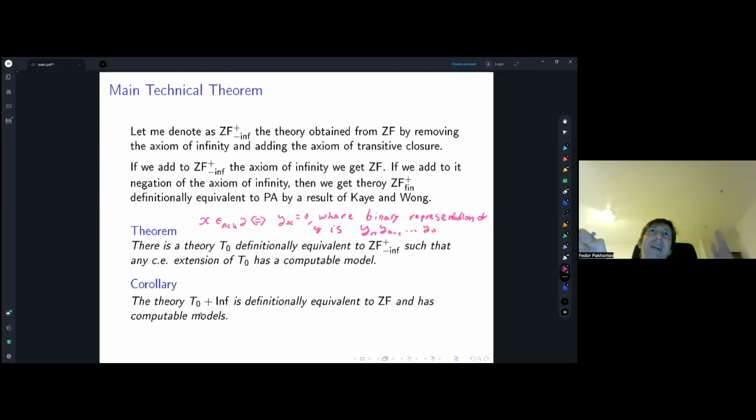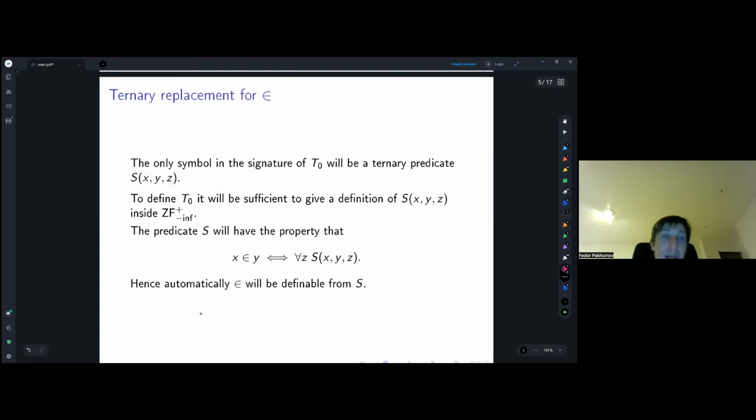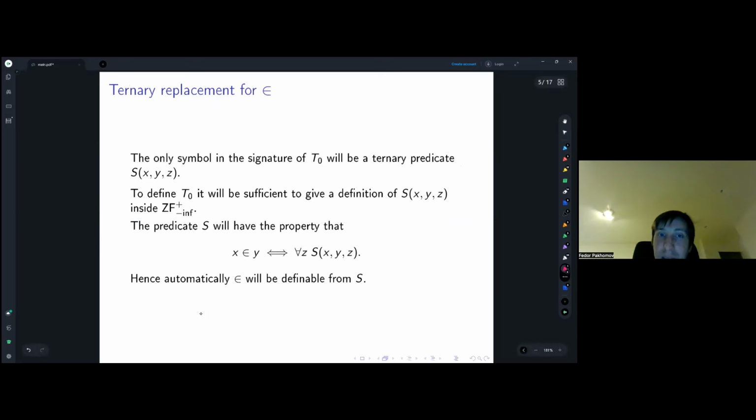So this signature, for which it fails, is highly non-arbitrary, and one needs to be quite careful defining it. Anyway, now let me actually define this ternary predicate S.